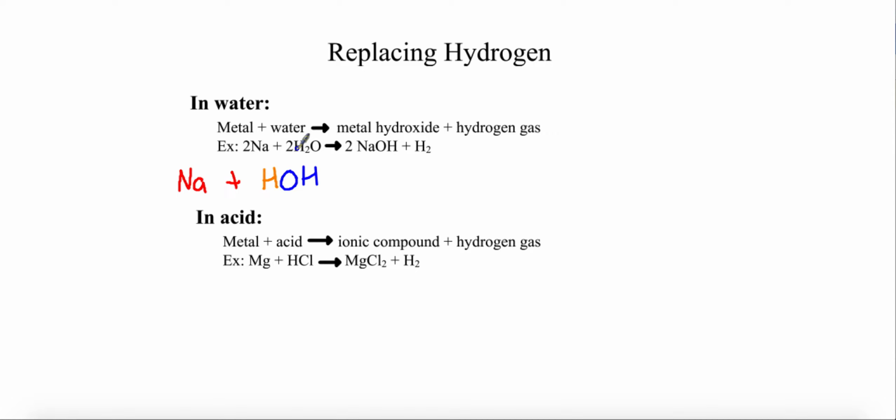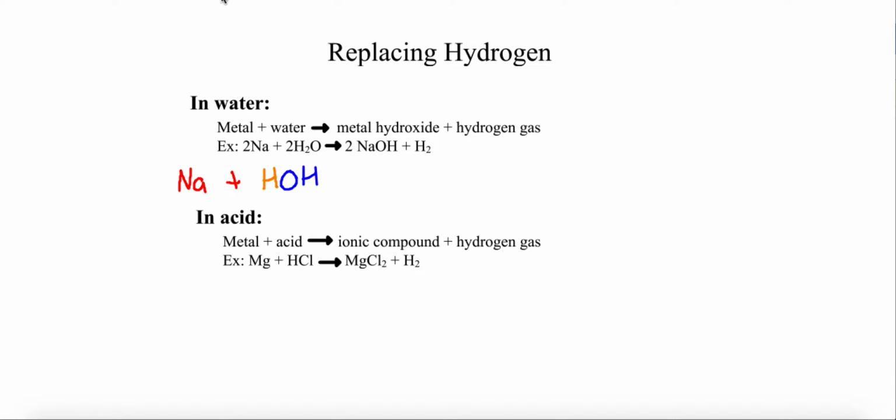Water is neutral. It's amphoteric, meaning that it can be both an acid and a base. So if we write it in this way, you can actually see this exchange similar to what we saw in the metal replacing metal.